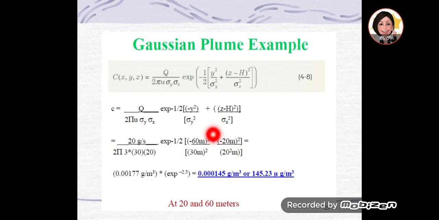It can be negative or positive, because you're going to square it, so you get the positive value. Substitute it. We already know the value of this term, which we calculated previously. So we just have to calculate this part, and you get the emission at this coordinate. Okay, so this is another plume example.